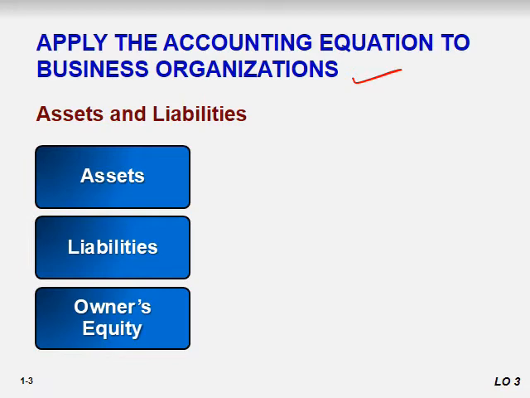So the financial statements are based on the accounting equation. This equation presents the resources of a company and the claims to those resources. So number one, assets.